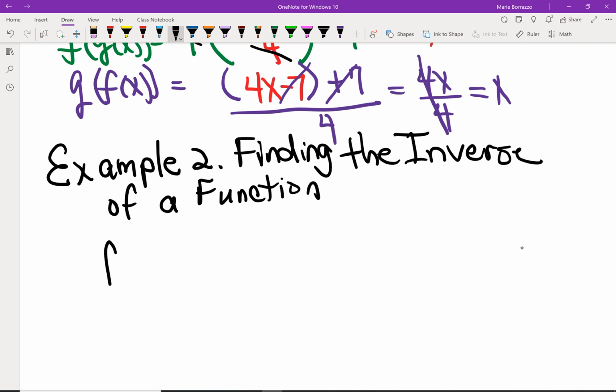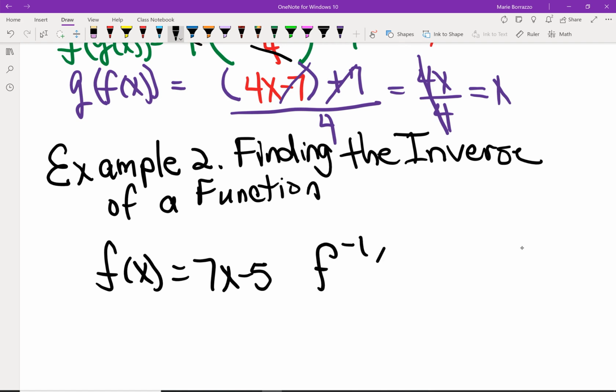So we begin with, if f of x is equal to 7x minus 5, how do we find the g of x, or the f inverse? We're going to start to call it f inverse of x. That's what we're trying to find.